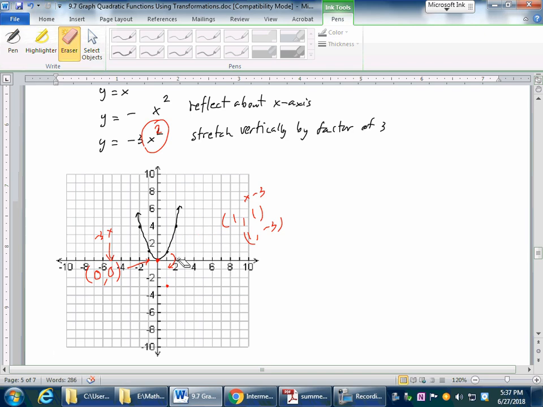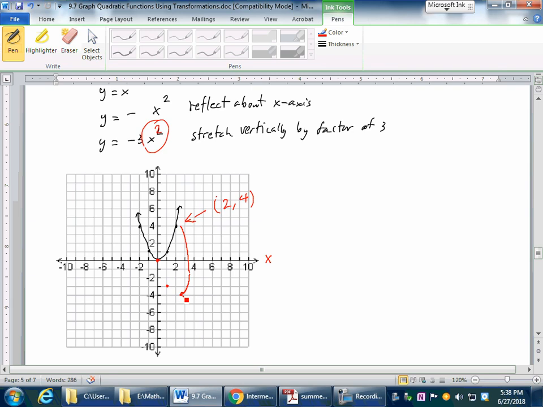Moving on to the next one. Reflecting this point right here, remember this is 2, 4. If I reflect about the x-axis, 2, 4 becomes 2, negative 4.